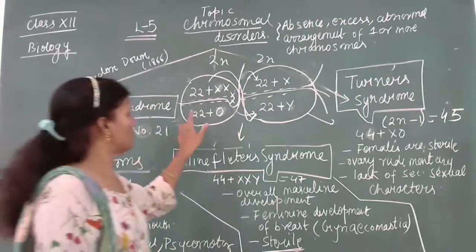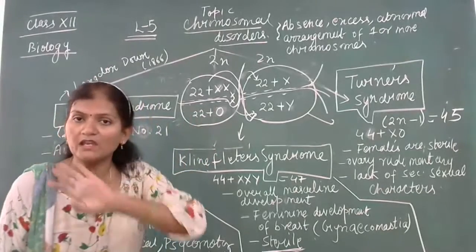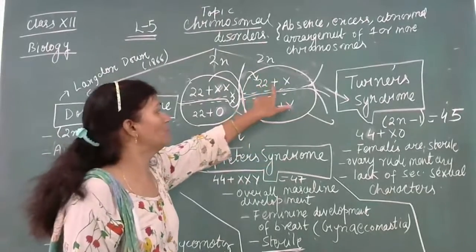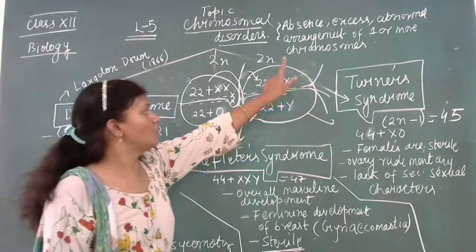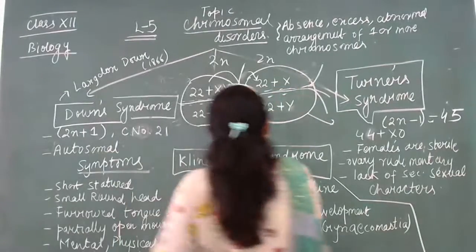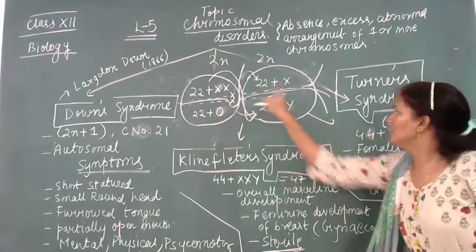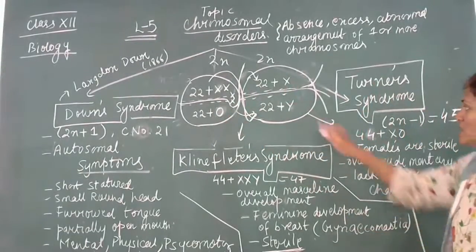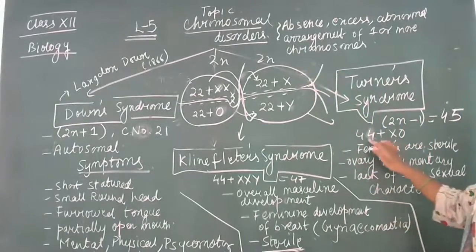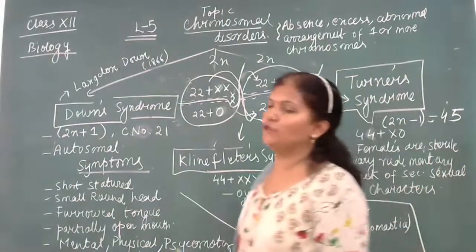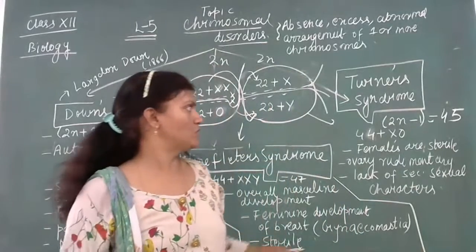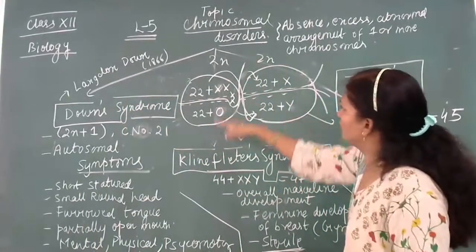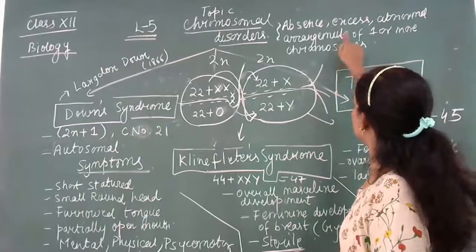And suppose this one, 22 without any X chromosome, fertilizes with a sperm having 22 plus 1 X chromosome, which is a normal sperm, then what will be the chromosome number? It will be 44 plus 0 and X. So 44 plus X. Therefore, if the fusion is like this, then it will lead to Turner syndrome.